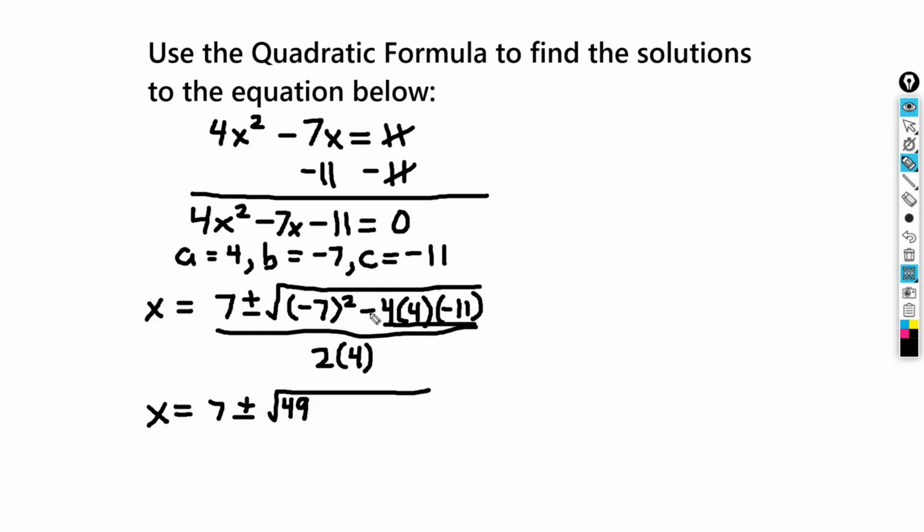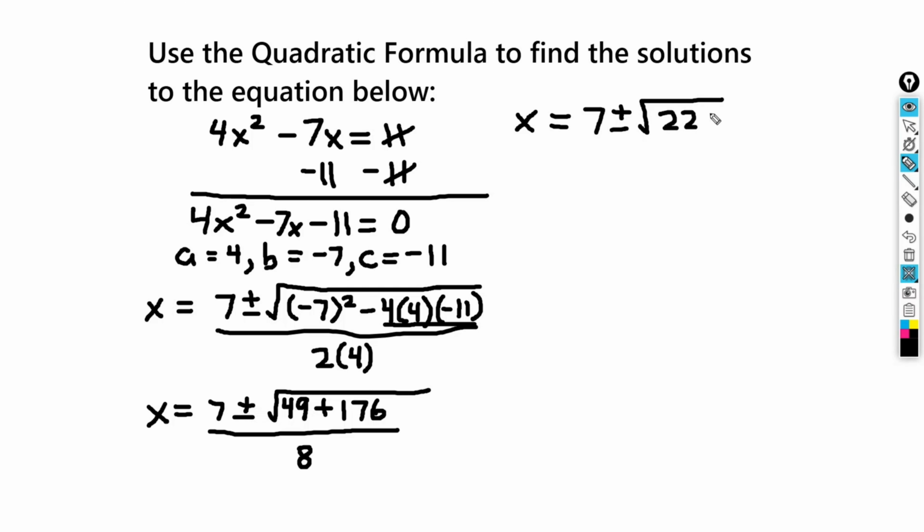And remember, we got two negatives here, so it's going to be plus 176, all over 2 times 4, which is 8. Okay, so if we move up here and continue to simplify, we've got x equals 7 plus or minus the square root of 49 plus 176 is 225, all over 8.